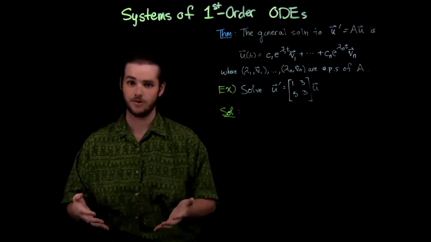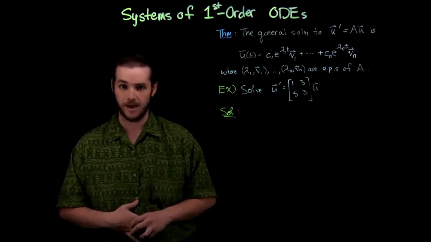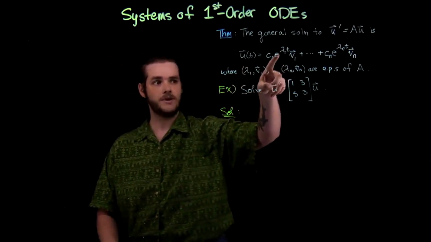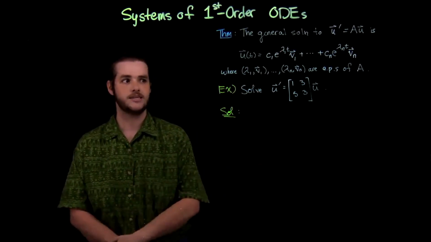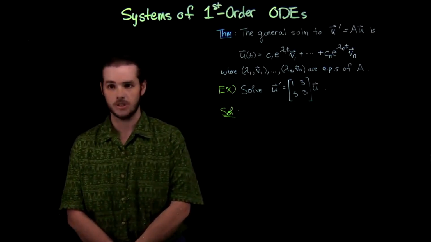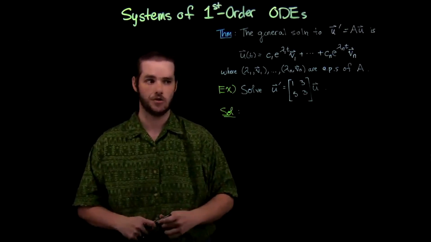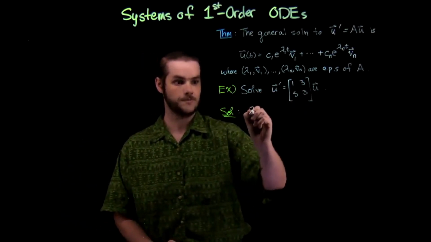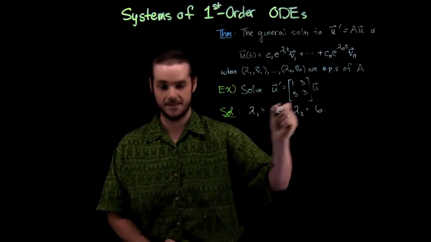To wrap up that idea real quick, it all boiled down to the eigenvalues and eigenvectors of A. We know the fundamental solutions have the form e to the lambda 1 t v1, and so on, where lambda is the eigenvalue and v is the corresponding eigenvector for A. So in our problem, we know the eigenvalues are negative 2 and 6.